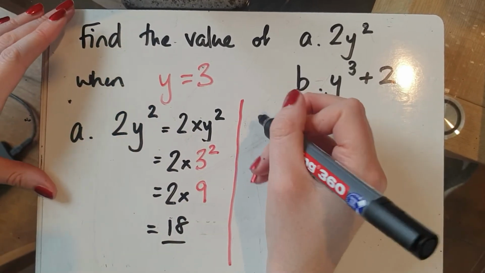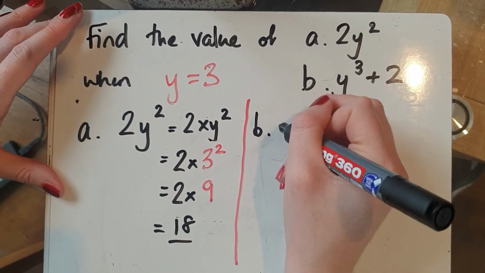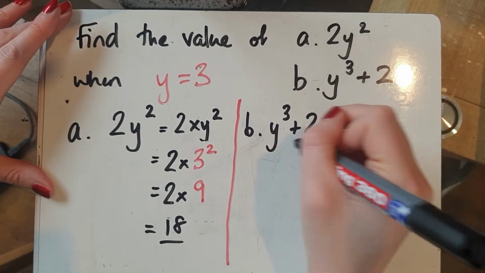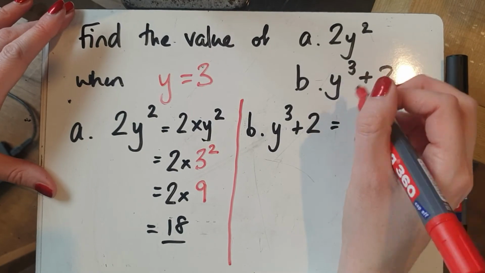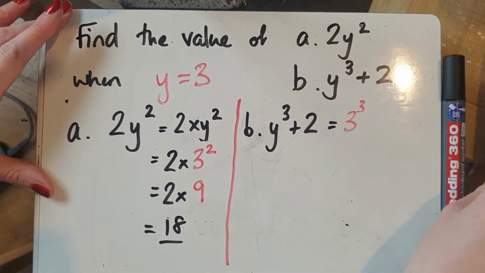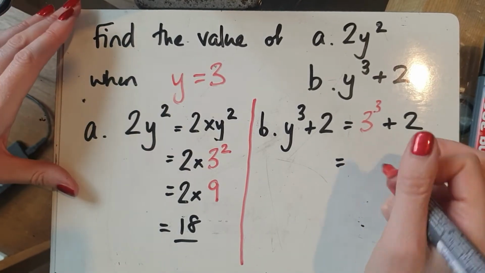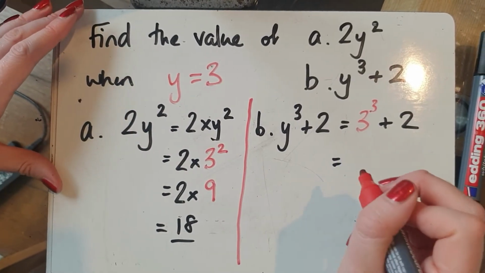For the second one, part B, y cubed plus 2. That means we're going to cube 3. So we're going to do 3 cubed plus 2. 3 cubed means 3 times 3 times 3.